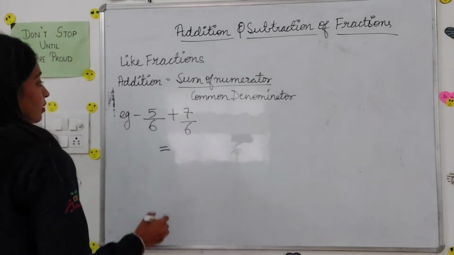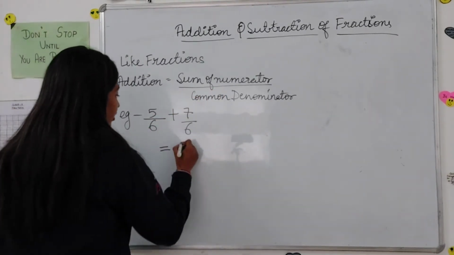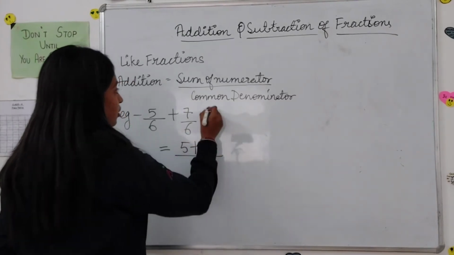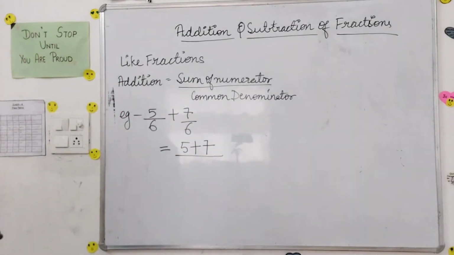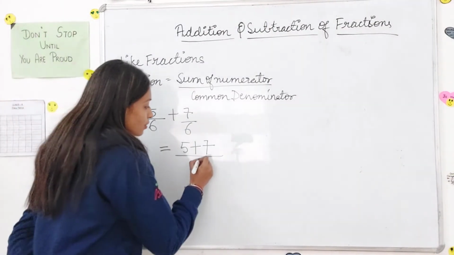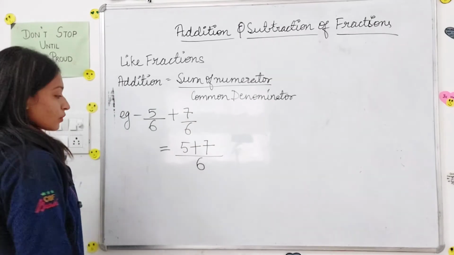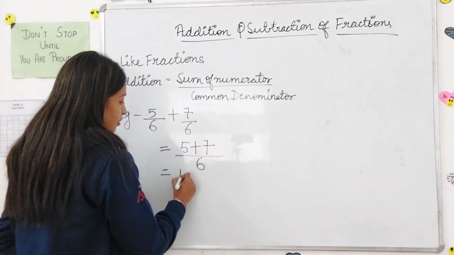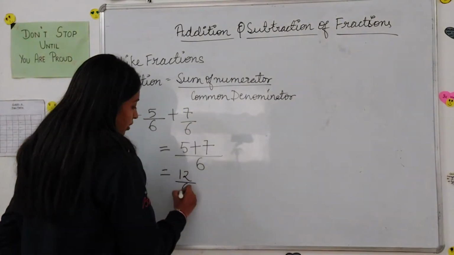Sum of numerators. We will add the numerators together, 5 plus 7 upon common denominator. Now we have 6 in the denominator, so we will write 6 only one time. So now 5 plus 7, 12 upon 6.